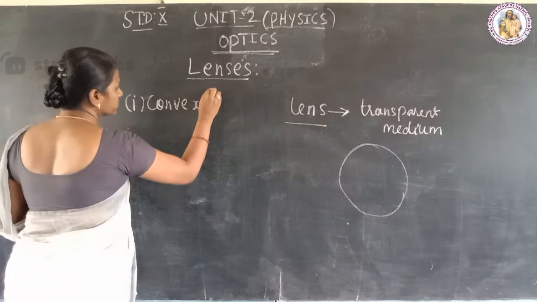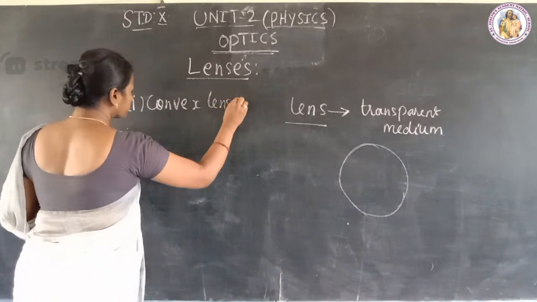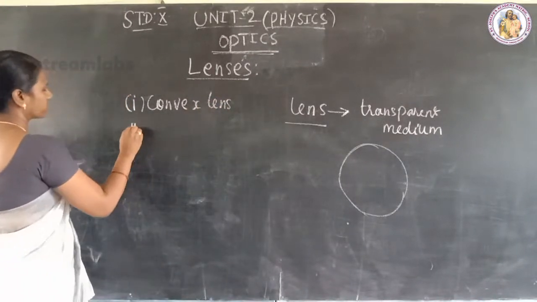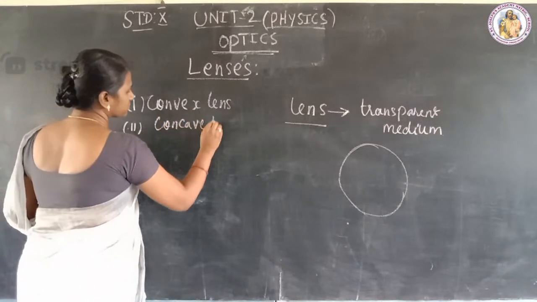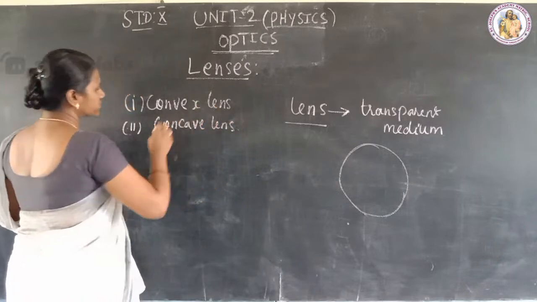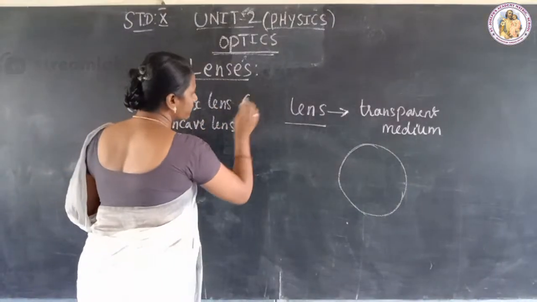So there are two types of lenses, convex lens and concave lens. Convex lens is otherwise known as converging lens.